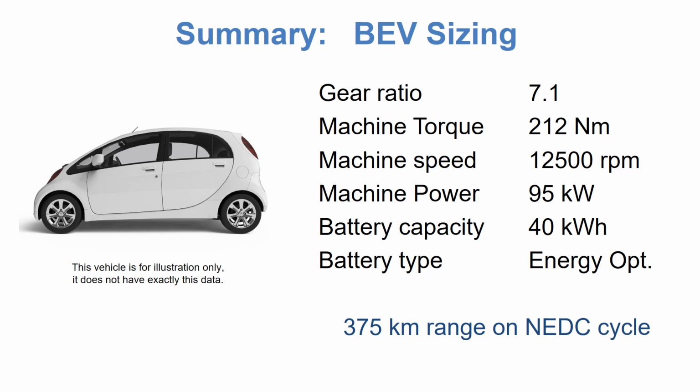A 40 kWh battery will supply the power, and it's built from energy optimized battery cells. The range is 375 km, which is 25% more than required. This requirement overshoot stems from the high acceleration requirement and the fact that it's favorable cost-wise to oversize an energy optimized battery rather than selecting a power optimized battery.